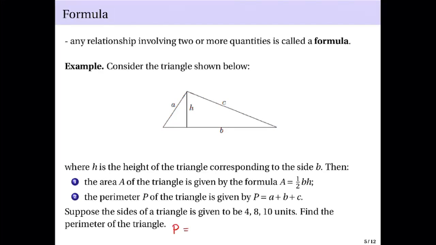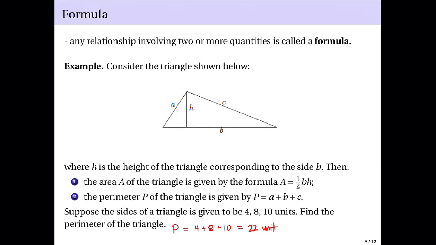So P is just 4 plus 8 plus 10, and this is just 22 units. Okay? Questions?